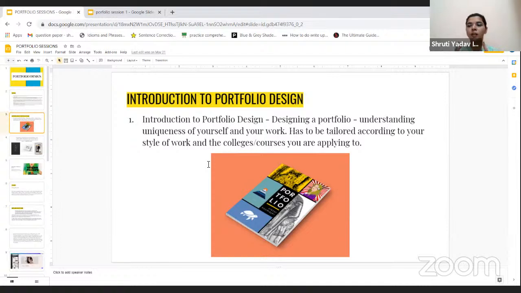So when you think about the cover of a portfolio, it should be something attractive. So how to approach that cover would also be dependent on the kind of work that you do. So uniqueness of your portfolio depends on you, and it also depends on identifying properly the kind of themes that reoccur in your work, or the themes that you like or will like to develop in the future.